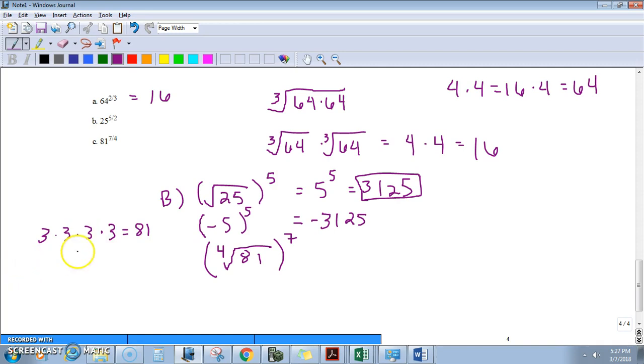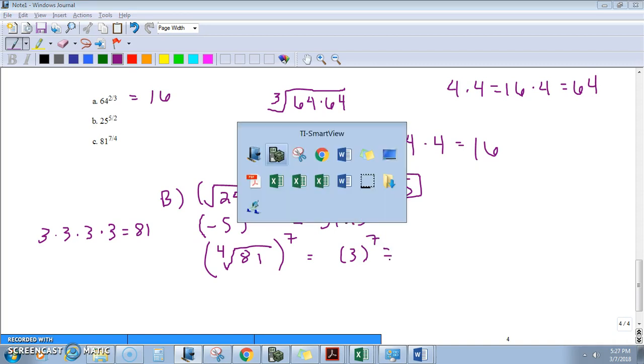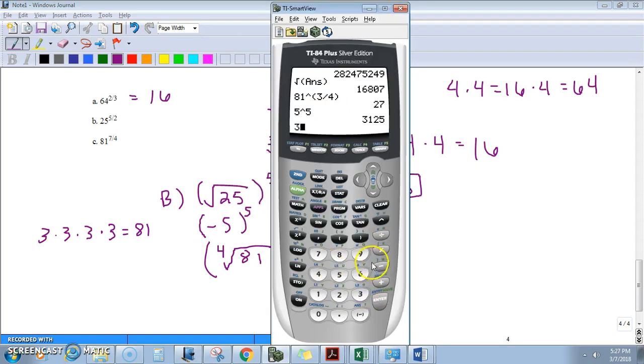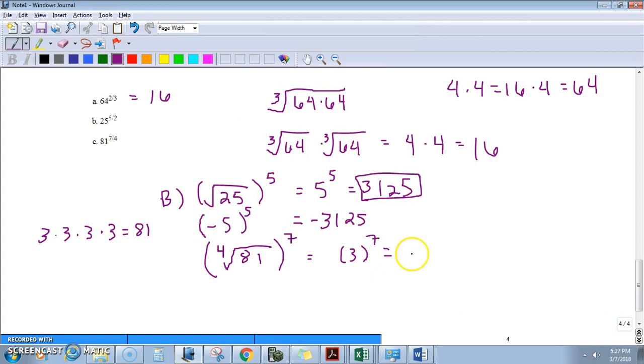So 3 times itself 4 times is 81. So the 4th root of 81 is just 3. So we have 3 now to the 7th power. And 3 to the 7th power is more than 81. 2,187.